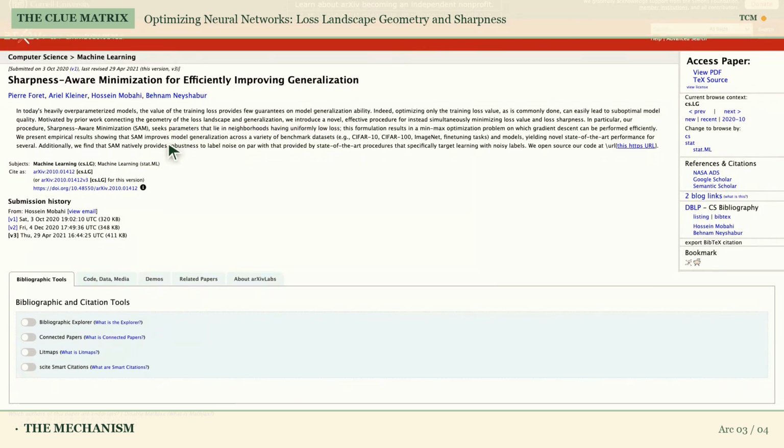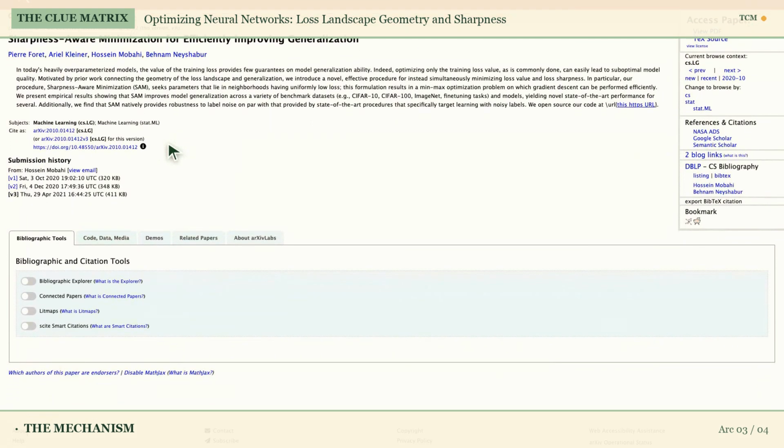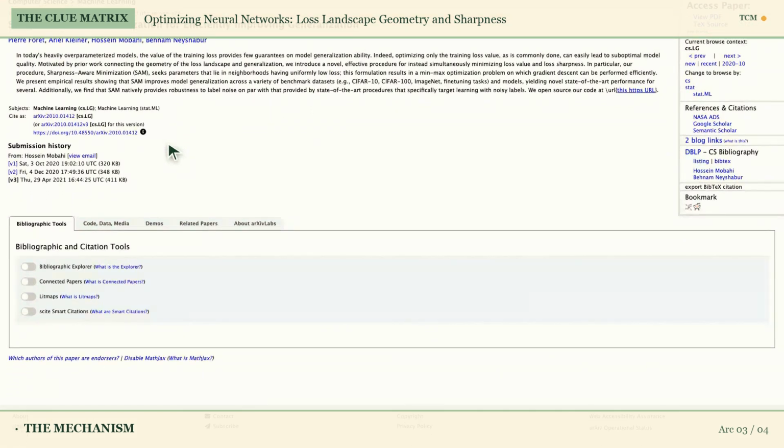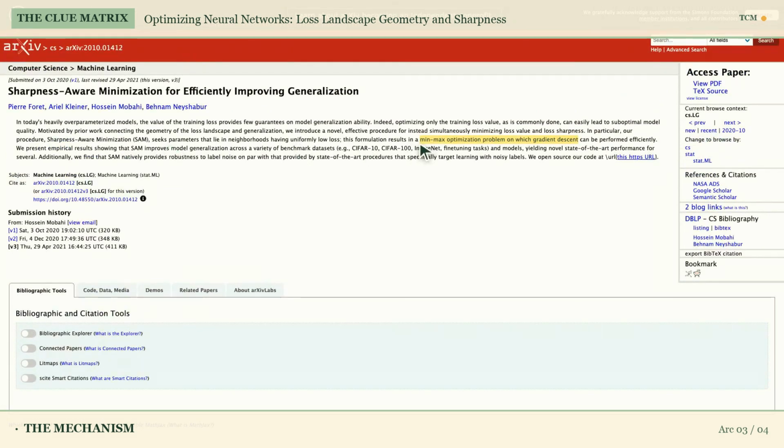A neighborhood implies checking nearby points. So it's not just the current gradient, but also how much the loss changes if you wiggle the parameters a bit in any direction? Precisely. This peeking around translates into a specific type of optimization, a min-max optimization problem on which gradient descent can be performed.